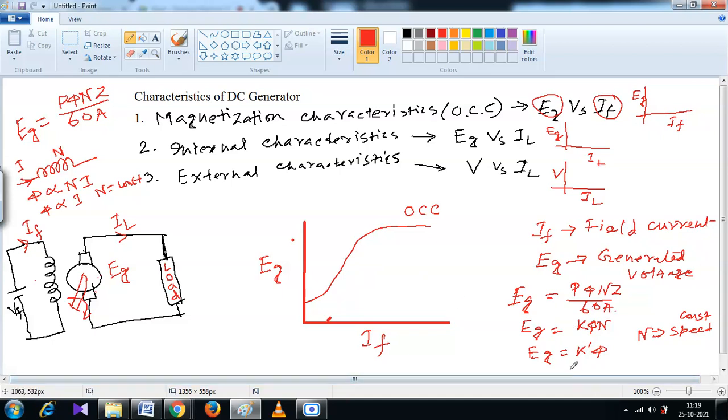So we can write Eg is proportional to field current. Can I say that? Because phi is proportional to the field current. Can I say that?